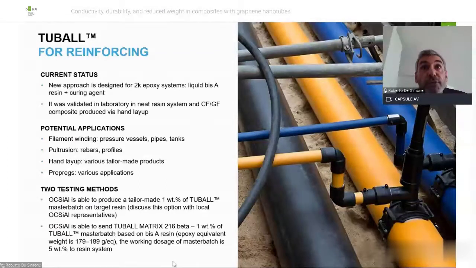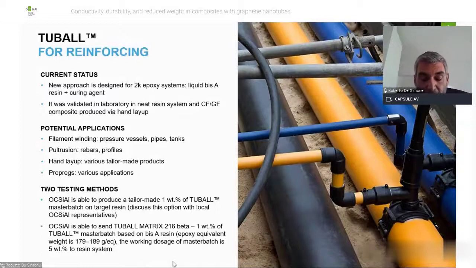Currently, we are using two different testing methods. The first one, we developed a tubal matrix solution, like tubal matrix 216 beta, a master batch at 1% dosage. And the second one, which may be worthy in this case, is to disperse tubal in a tailor-made solution on a very targeted resin.